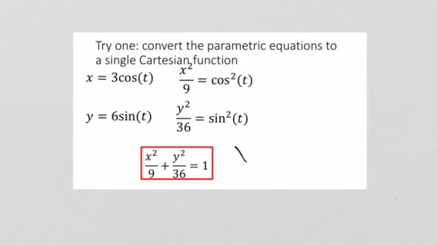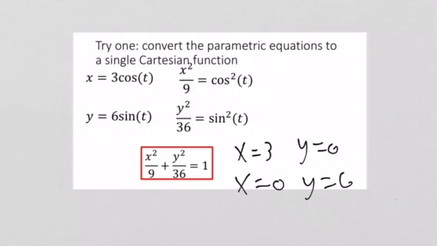Okay, when x equals 3, y is going to have to be 0. When y equals 6, x is going to have to be 0, because this would give us 3 squared over 9, which is 1, which means this piece has to be 0. Or it's going to give us 6 squared over 36, which is going to be 1, and then this piece has to be 0.